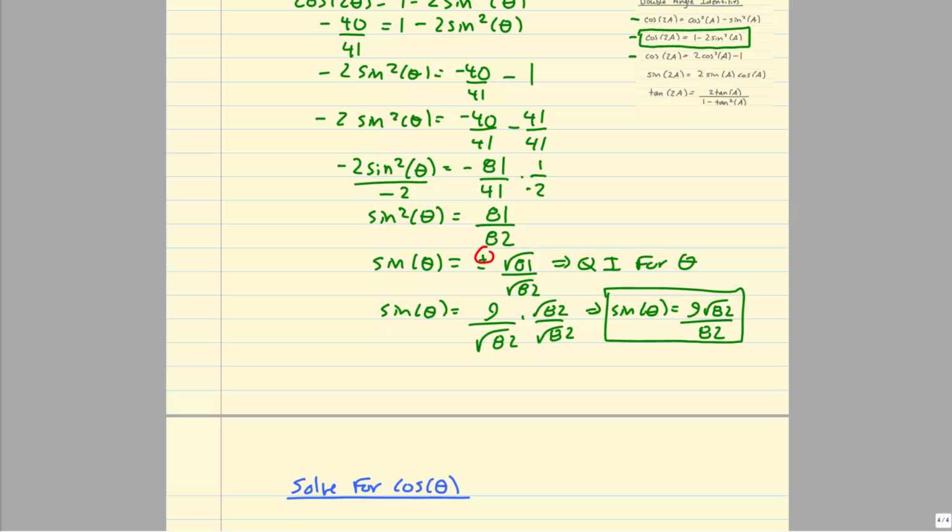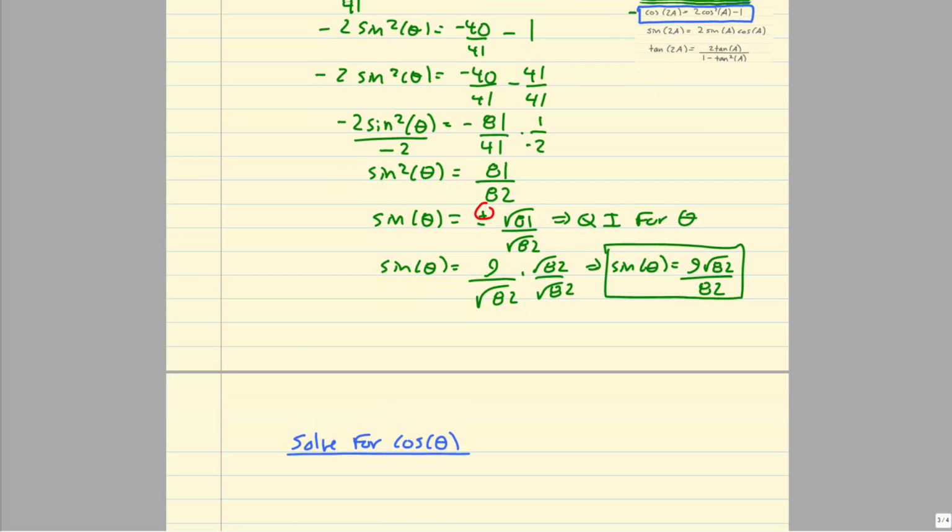I think our best bet would be to use this third option right here, because I know cosine of 2 theta, or 2a, either one, and when I plug in, I should be able to solve for cosine straightforward. So let's go ahead and use that one. That would be cosine of 2 theta is equal to 2 cosine squared of theta minus 1.